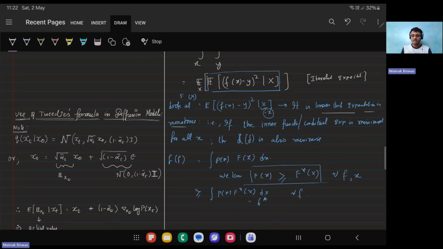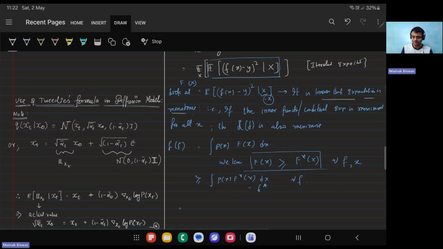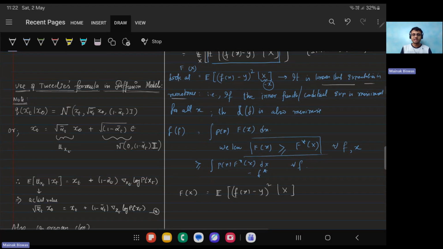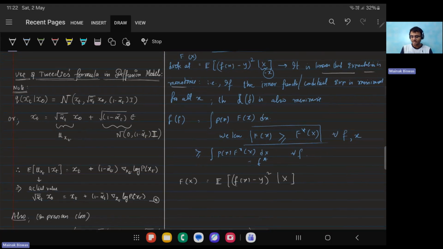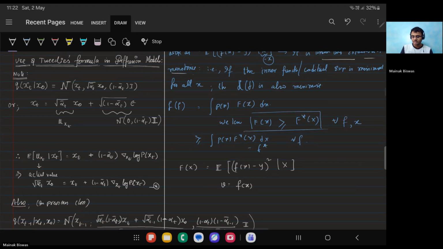So now let us try to minimize this inner function. So f of x is expected value of f of x minus y whole square given x. Right. So now, for the sake of simplicity, let us take v equal to f of x. So now this will become E of v minus y whole square given x.